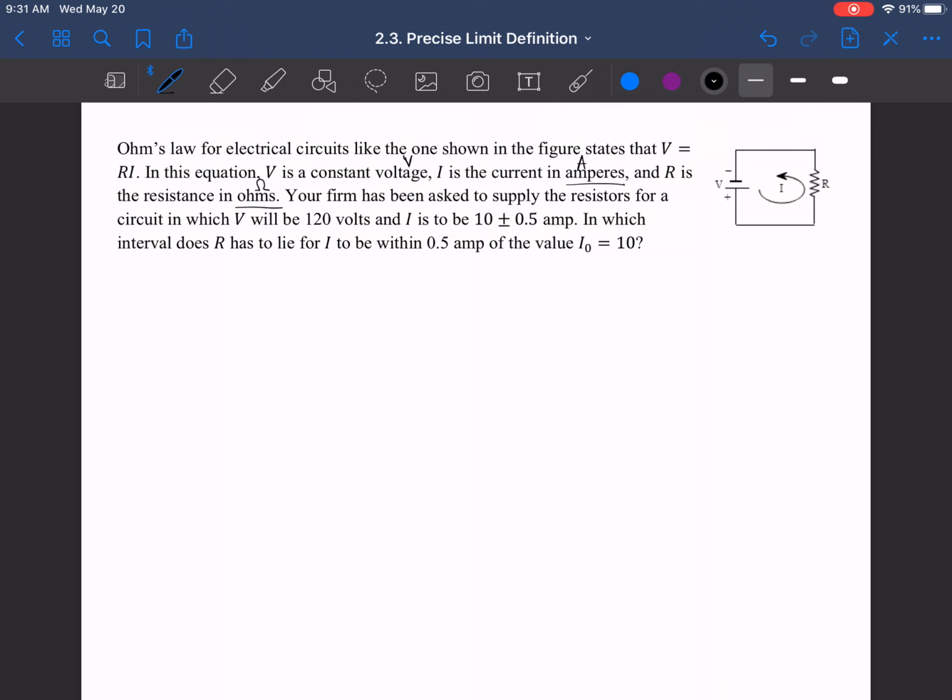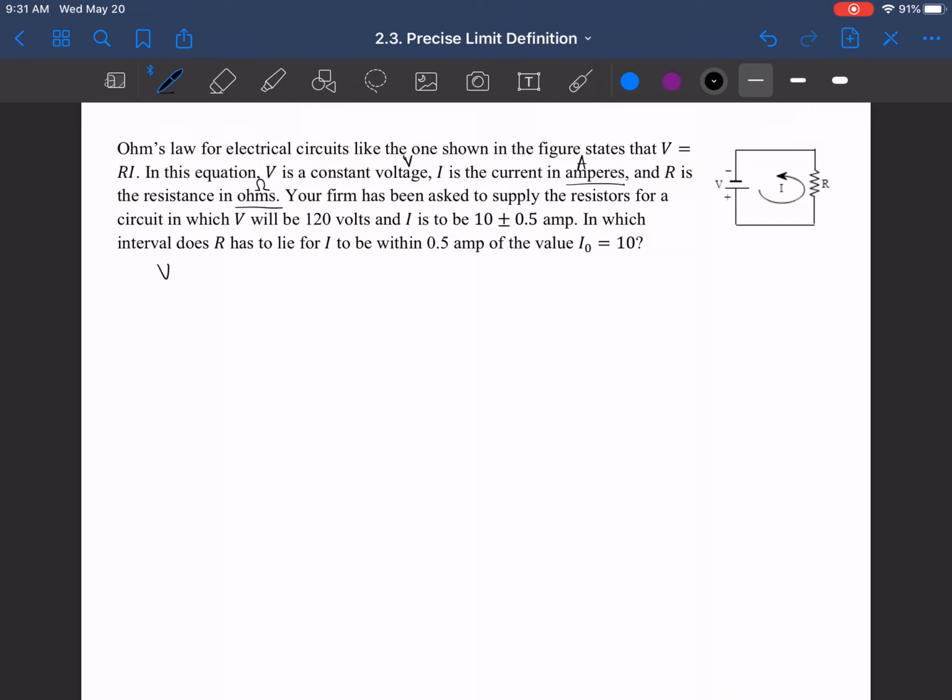Okay, so basically this could be a very real world problem. You have a certain tolerance, you can be up to 10.5 amps and as low as 9.5 amps, but you have to be within there. So how precise do you have to be with your resistors? How accurately do you have to make your resistors and produce them in order to meet the requirements of your customer?